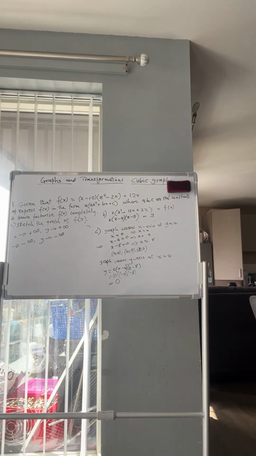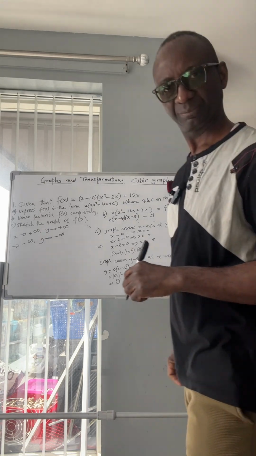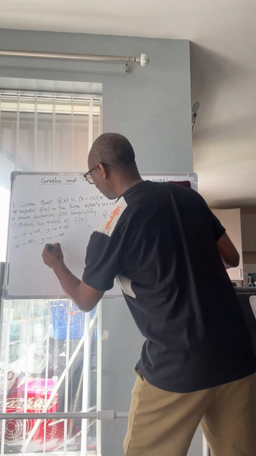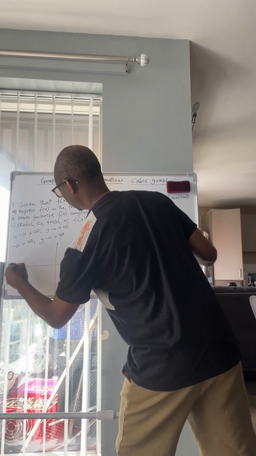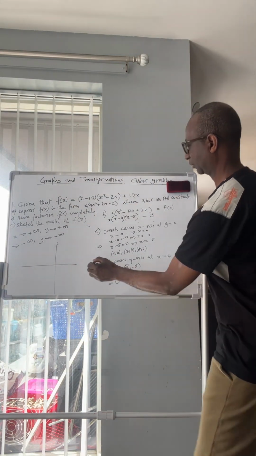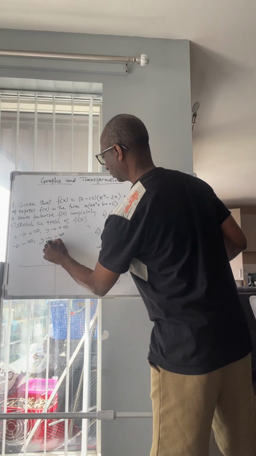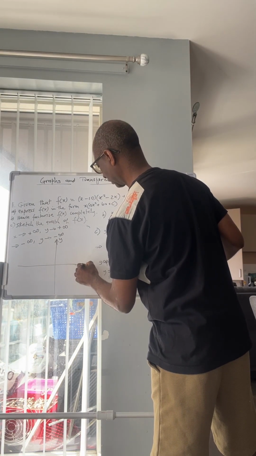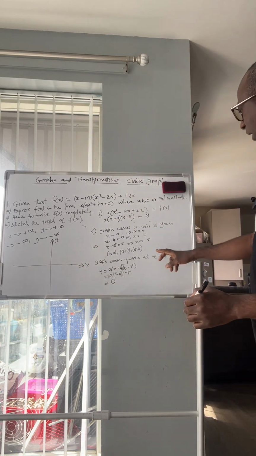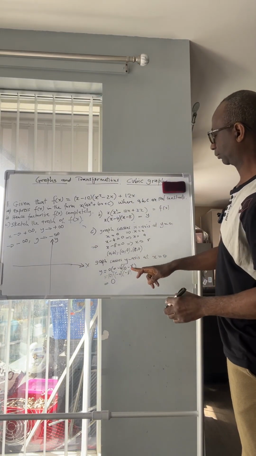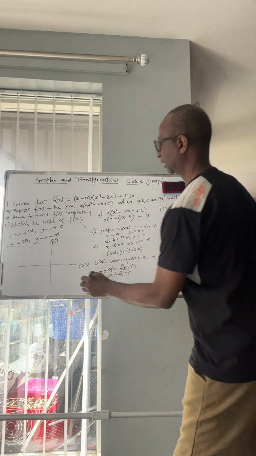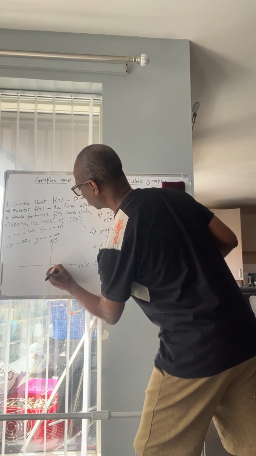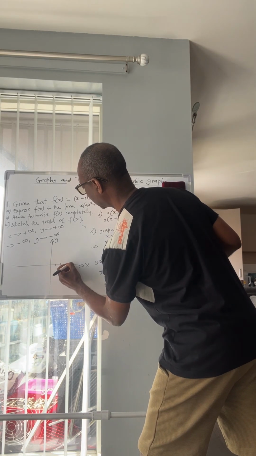So now let's plot our graph. This video is long now. We have our y-axis and our x-axis here, and we'll go up to plus 8. So we see 2, 4, 6, 8.